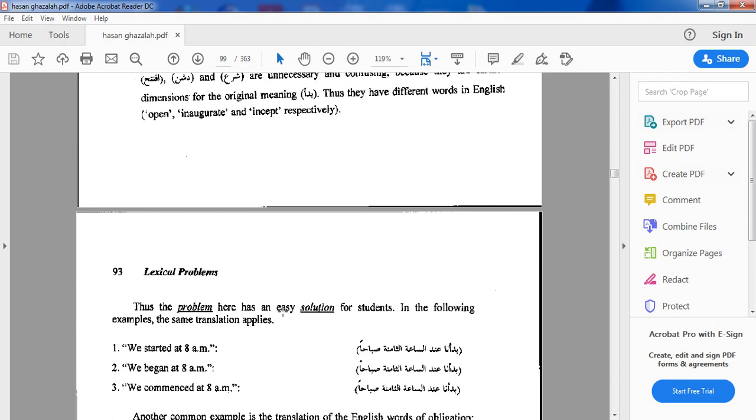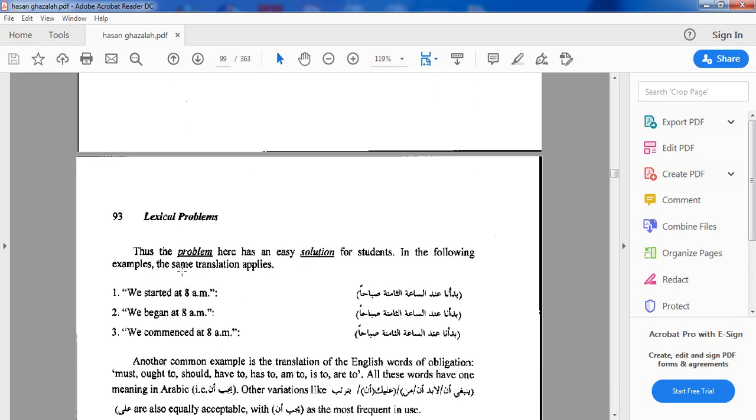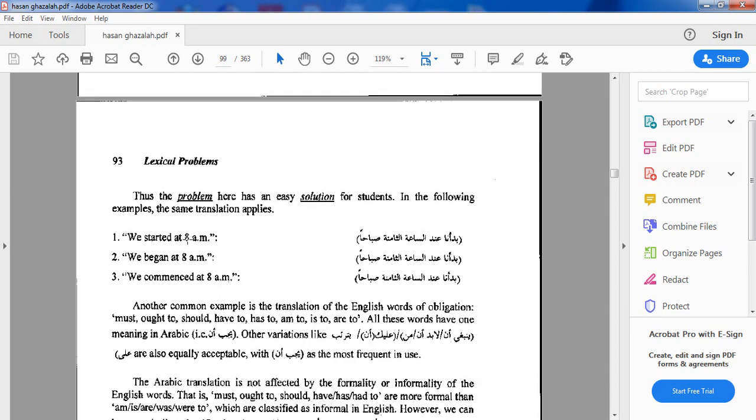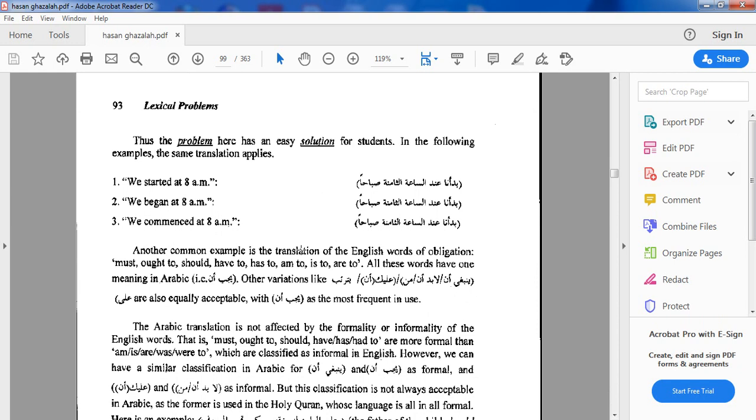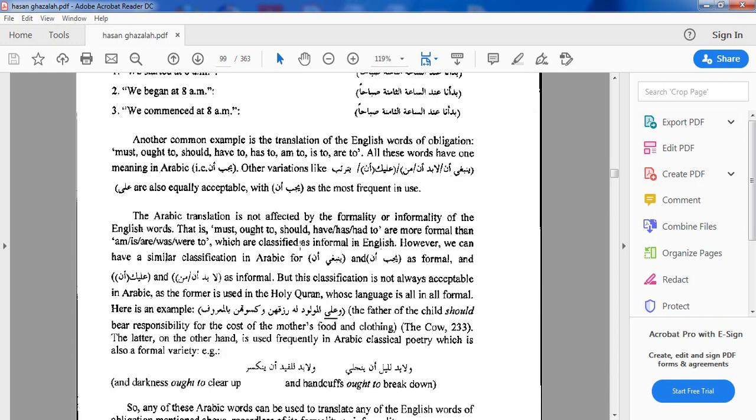He says here we have an easy solution for students. He gives here three sentences, just to exemplify: we started at 8 a.m., we began at 8 a.m., and we commenced at 8 a.m. بدأنا. He gives here another example.